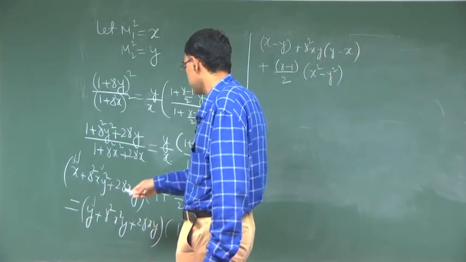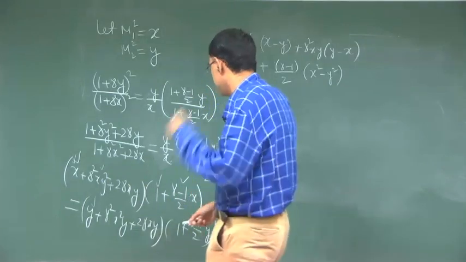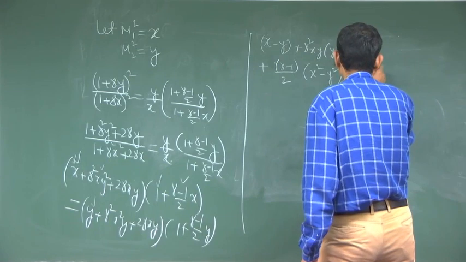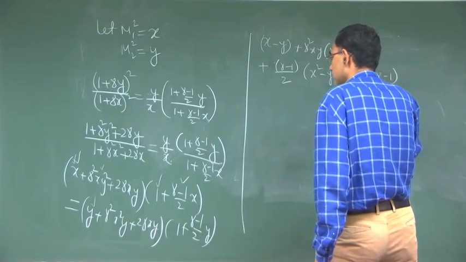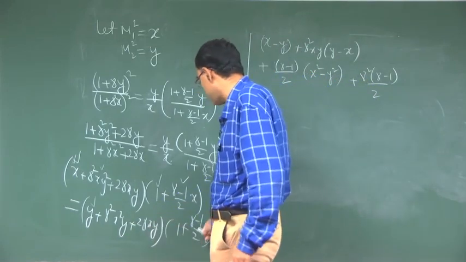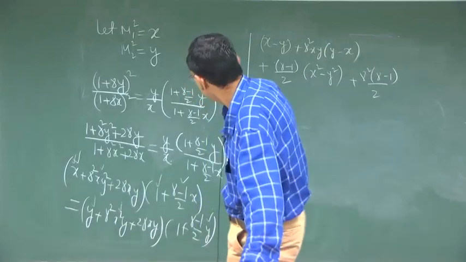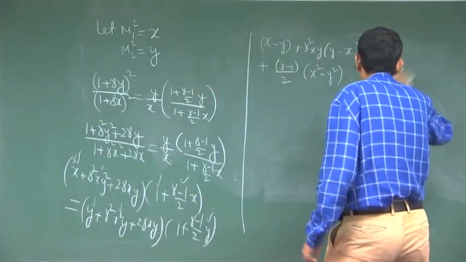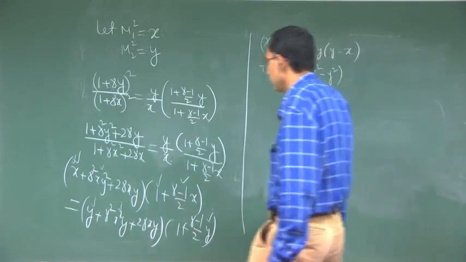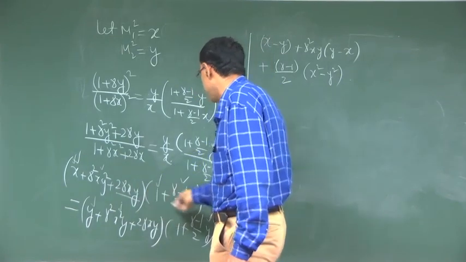Then the second term with the second term, this is gamma square into (gamma minus 1) by 2 into x square y square, and that term will get cancelled with this term multiplying with this term. So, I am not writing it. All symmetric terms will be cancelled and asymmetric terms will be there, and the last term is this multiplied by this.